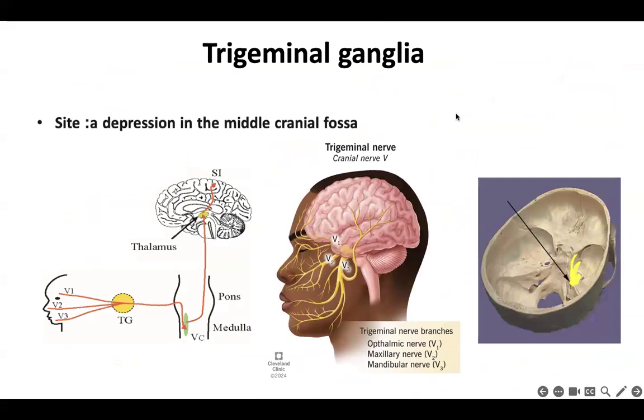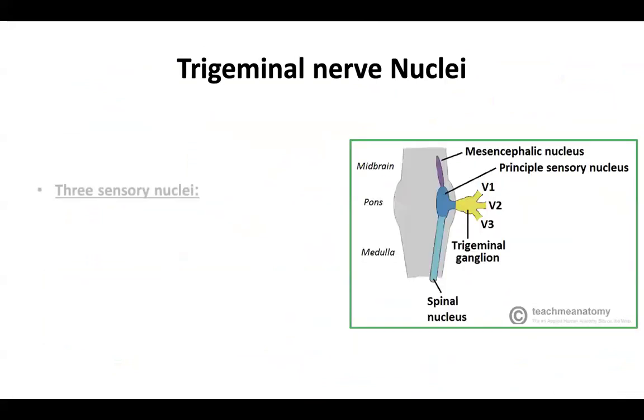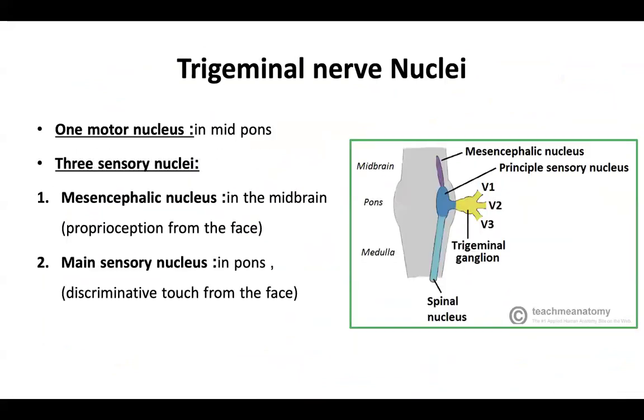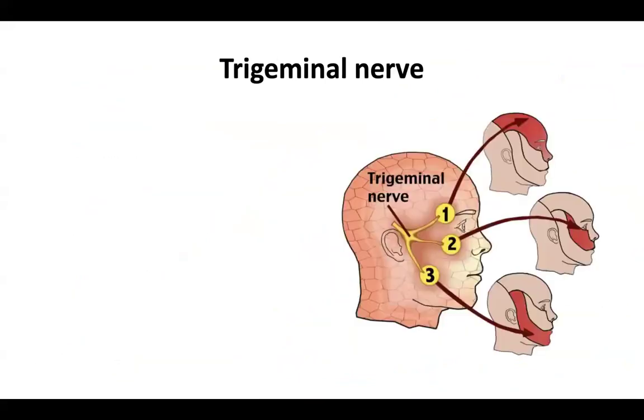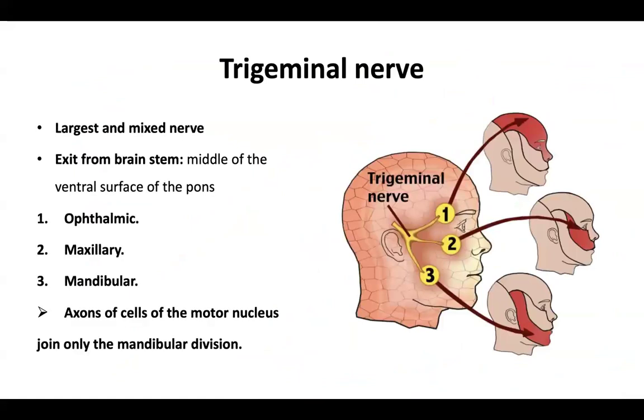Here we have the trigeminal ganglion in the middle fossa. We have three trigeminal nuclei: mesencephalic in the midbrain for proprioception, main sensory in the pons, and spinal trigeminal in the medulla, and the motor nucleus in the pons. The trigeminal nerve gives three branches: ophthalmic, maxillary and mandibular.